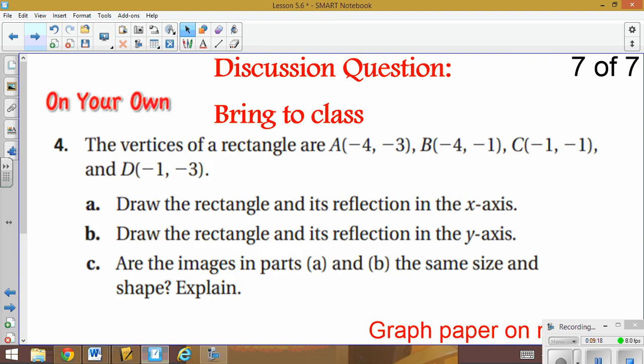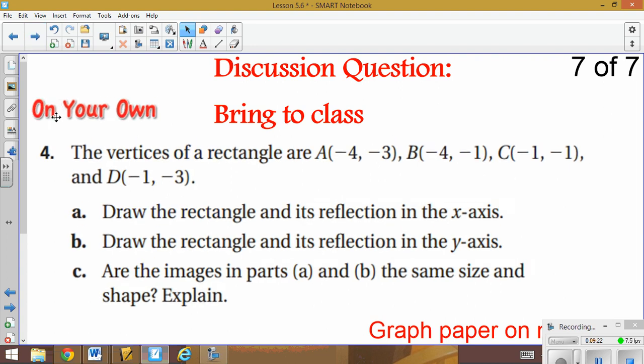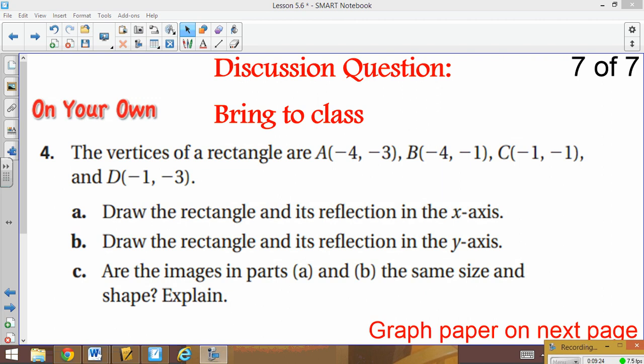And finally, class discussion. This question you'll do on your own, using the graph paper that I've provided for you. You're going to draw A, B, C, D, so it's going to be some sort of quadrilateral. Draw the rectangle and its reflection on the x-axis.